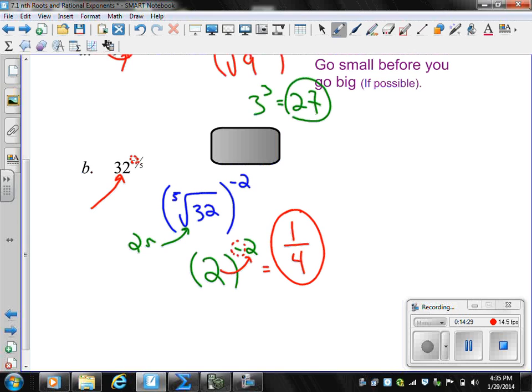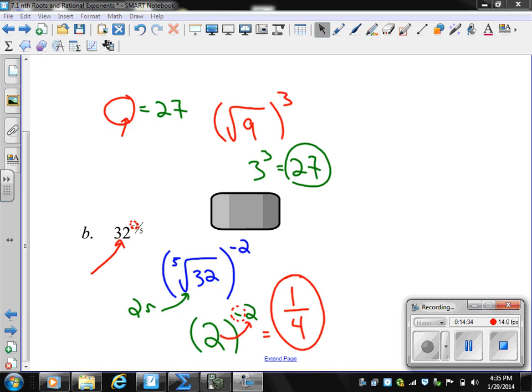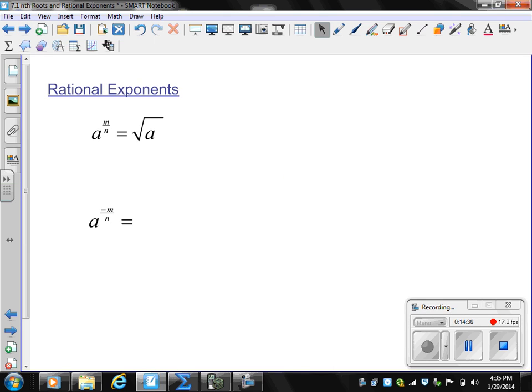Okay, so let's formalize what we have with our rational exponents. If I have a base to a rational exponent, a to the m over n, we can rewrite that in radical form by putting the numerator inside the radical, so a to the m, and taking the nth root.